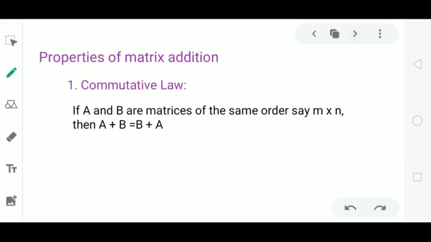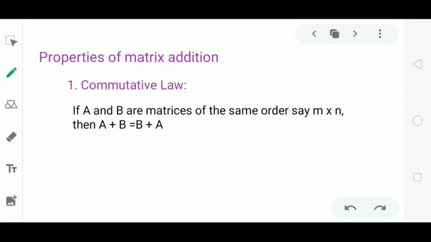Next, properties of matrix addition. We already know that in the case of numbers, for addition of two numbers, commutative law, associative law, existence of identity, and so on, all these properties are satisfied.